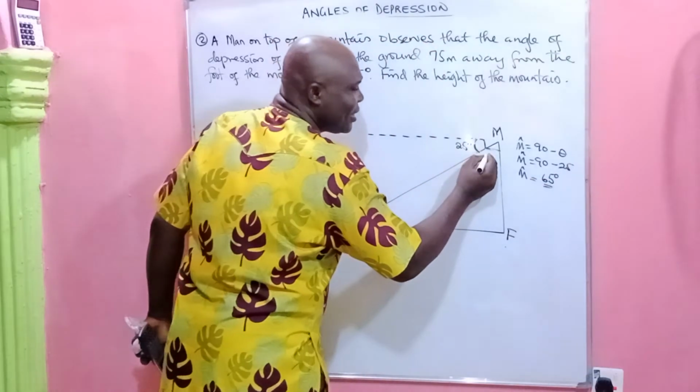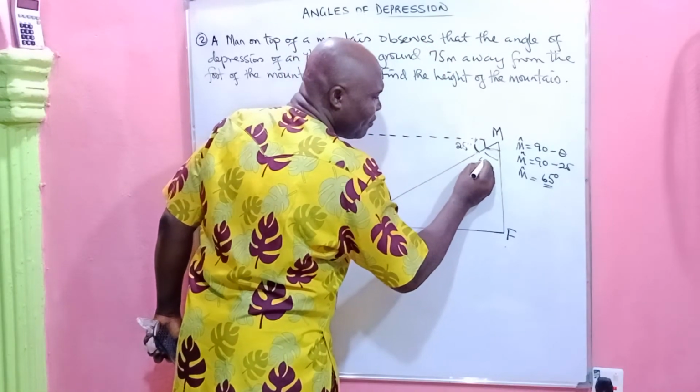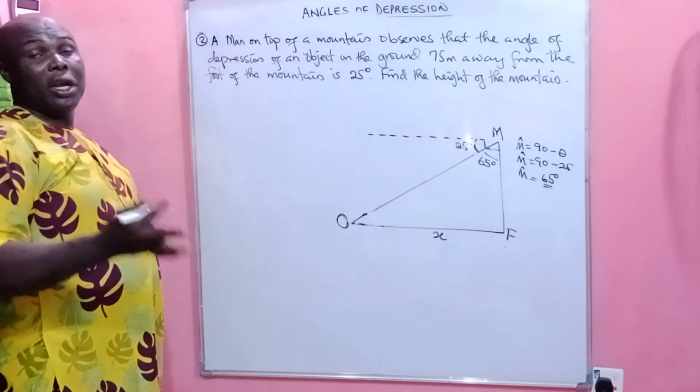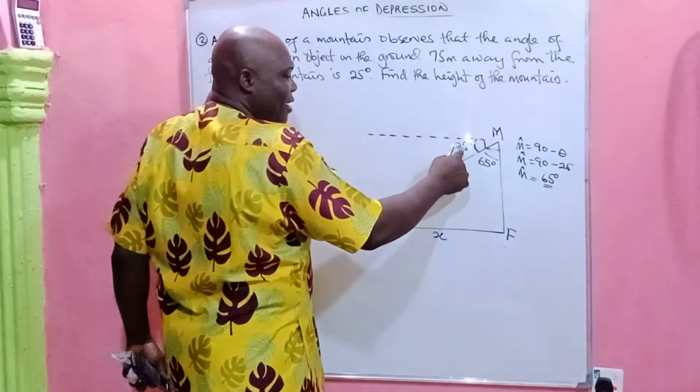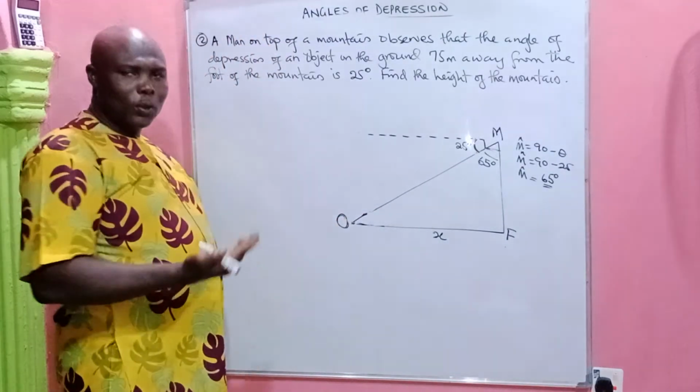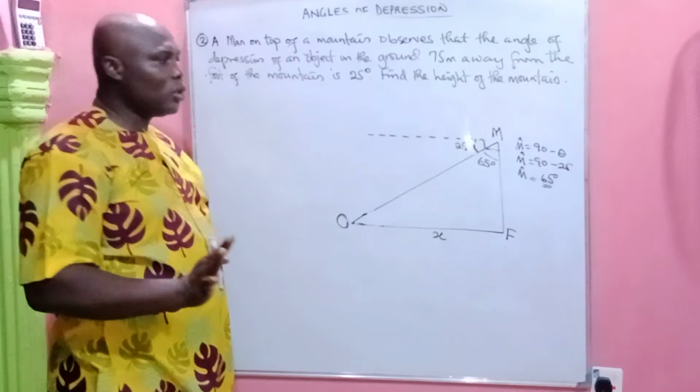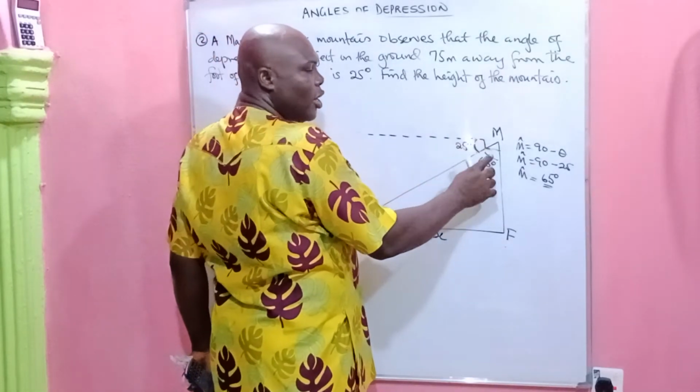So here now will be 65 degrees. So we want to use the complementary angle. But if you want to still use 25 here to work, you will still have the same answer. So whichever one you want to use, you either subtract to get this angle.